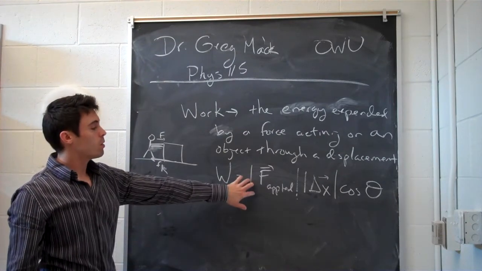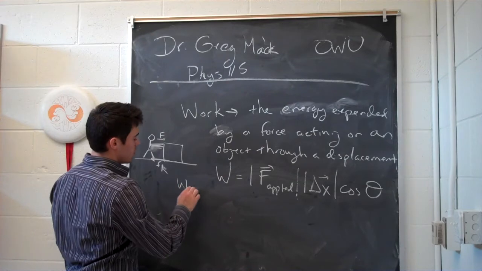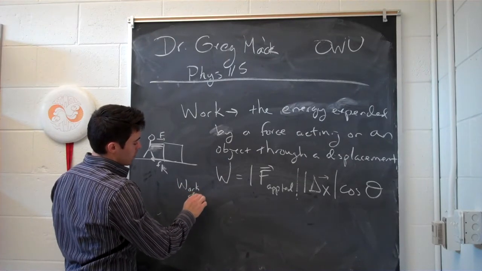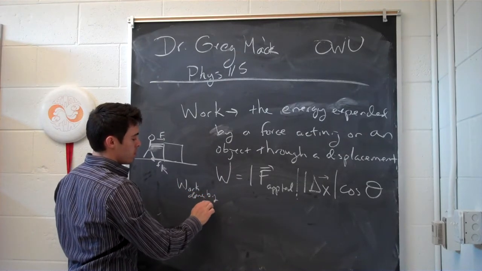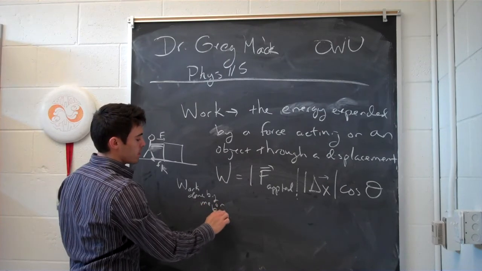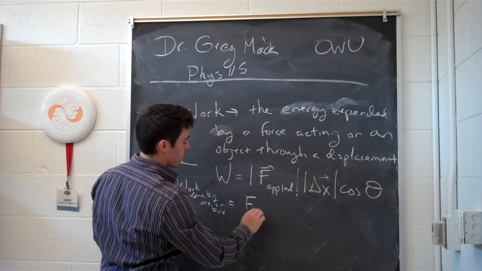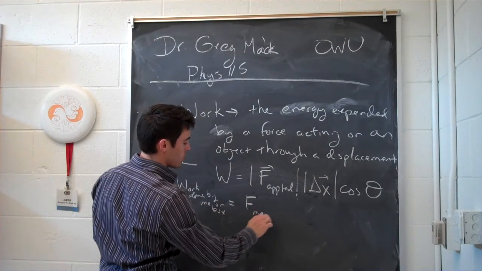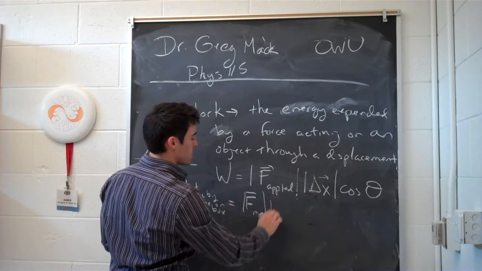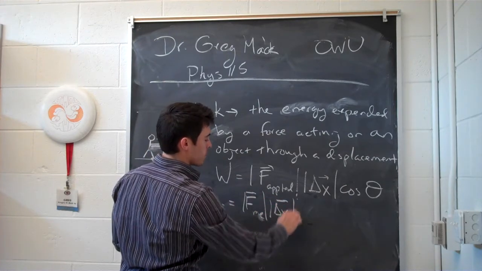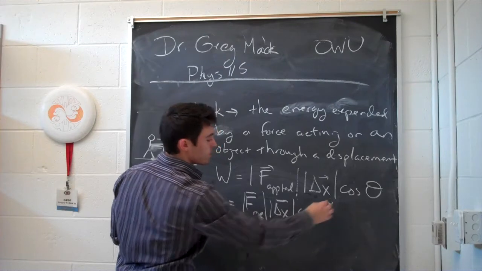So the work done by me on the box is equal to my force, F sub me, times the displacement, times the cosine of 0 degrees.